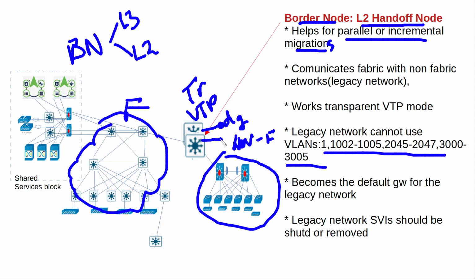So you'll have to create here SVIs that will become the default gateways for all your VLANs that still live in your traditional network. In that sense, you will have to go into your traditional network and either shut down or delete the default gateways, because now the default gateways will live in this layer 2 handoff node.